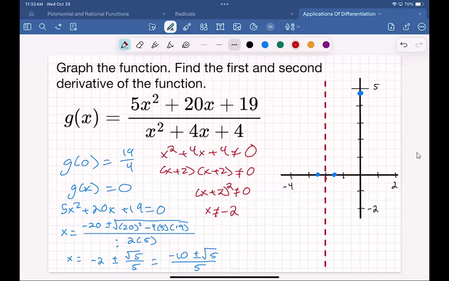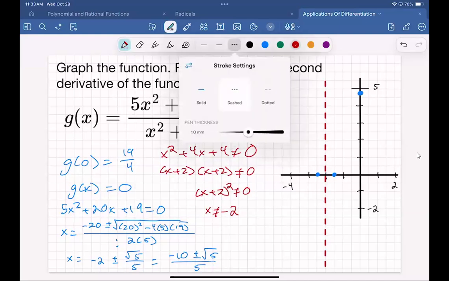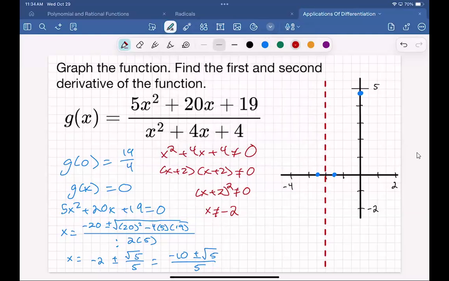Okay. Everyone good with the x-intercepts and y-intercept? Sorry, y-intercept. Are we okay with why I put a vertical line there?